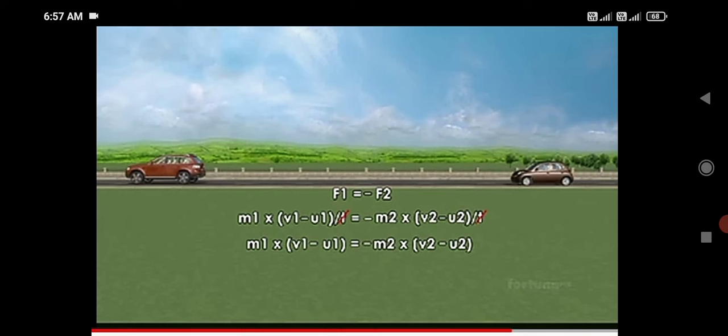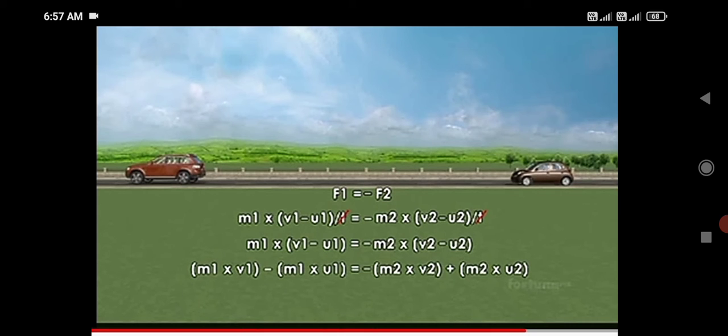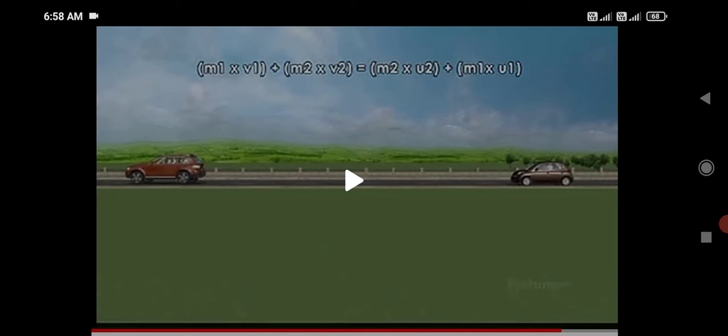After bringing all u terms to one side and all v terms to the other, the formula becomes m1 u1 plus m2 u2 equals m1 v1 plus m2 v2. This indicates the total momentum before collision equals the total momentum after collision. This is called the law of conservation of momentum.